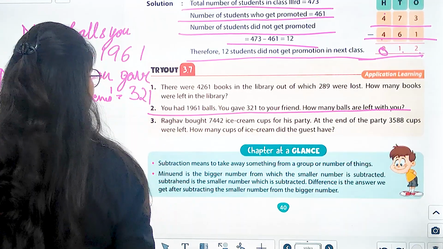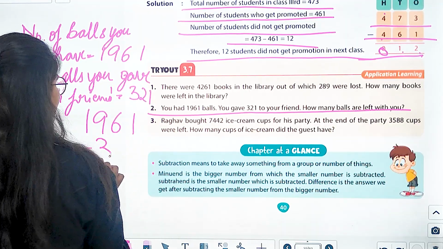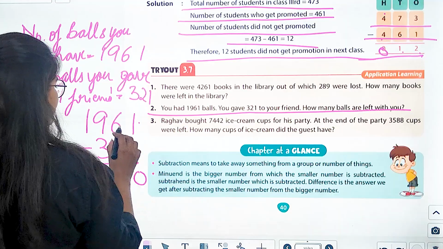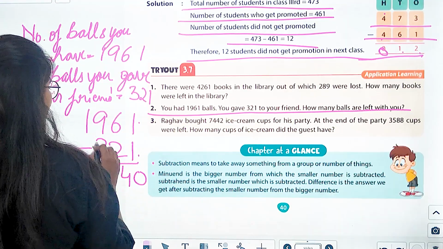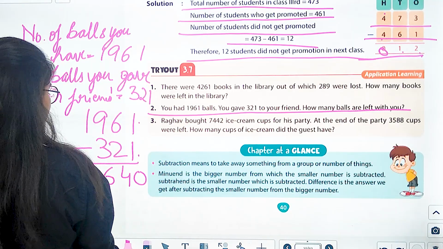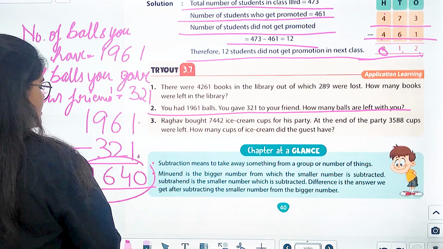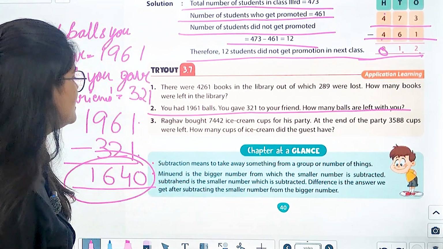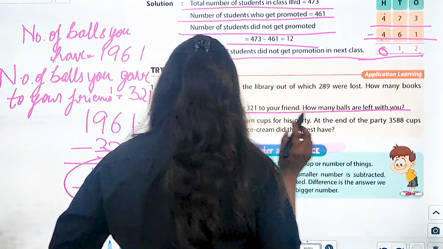Correct? सो 1961 में से हम 321 को माइनस कर देंगे. सो 1 minus 1 is 0, 6 minus 2 is 4, 9 minus 3 is 6, and 1 is 1, right? So how many balls were left with you? 1640, right?